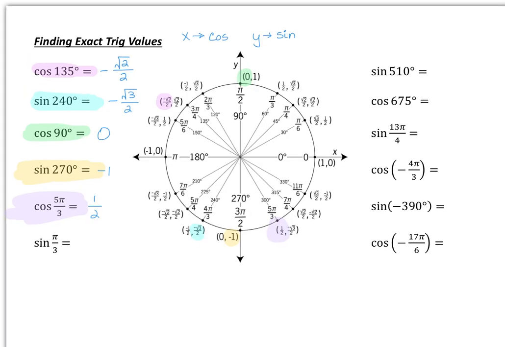And likewise, sine of pi over 3, find that pi over 3, that angle is right here. Sine is your y values, and so sine of pi over 3 is going to be that positive radical 3 over 2.